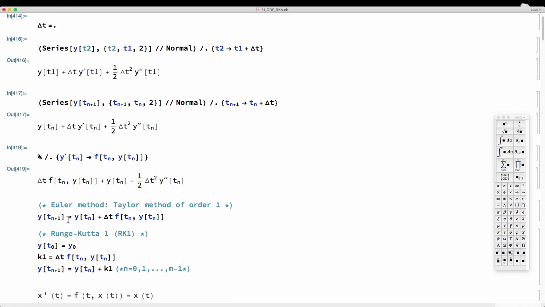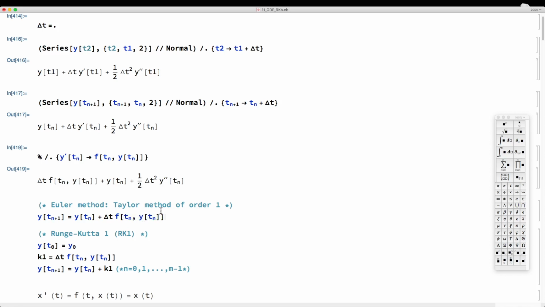So if you change tn for tn plus 1, delta t will change sign. These two terms will change with each other, but tn will be replaced by tn plus 1. So this term here is not symmetric with respect to time reflection.